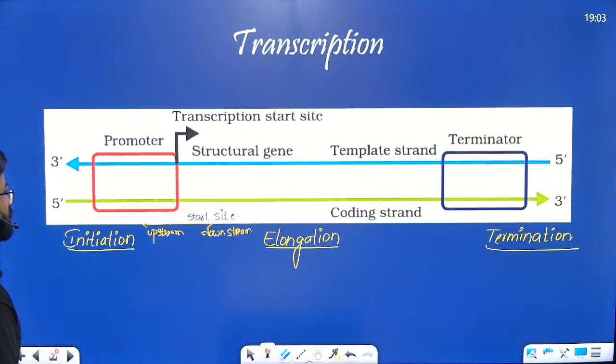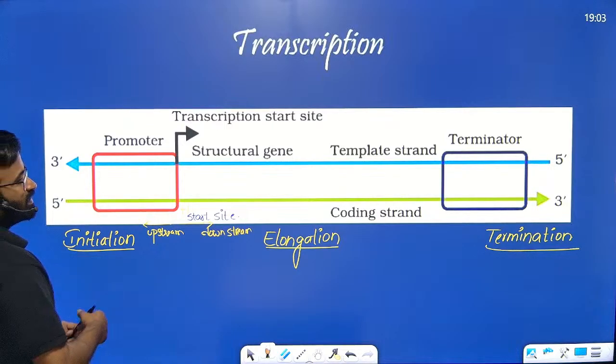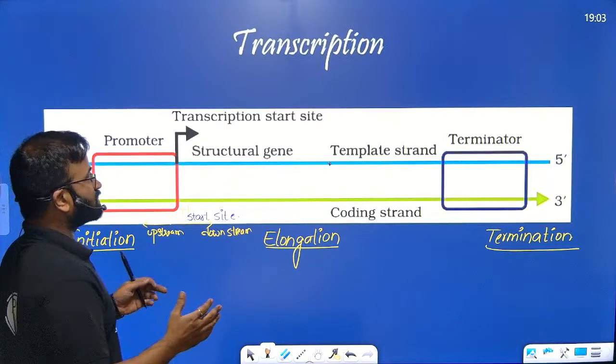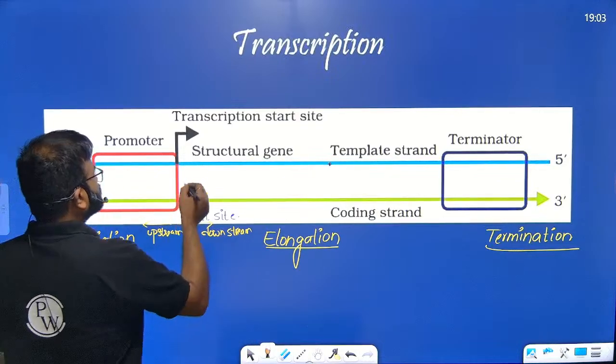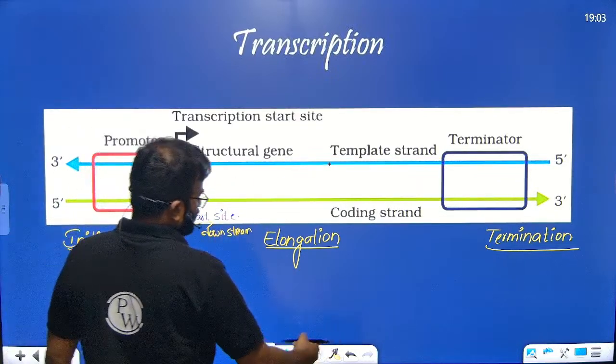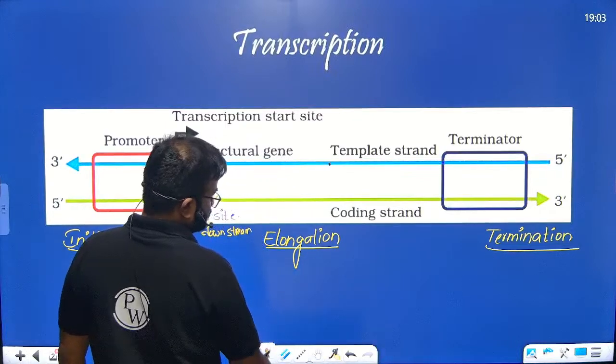Okay, so let's see the diagram over here, which is our transcription unit, in which we can divide this transcription unit into two different parts.